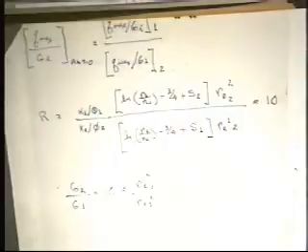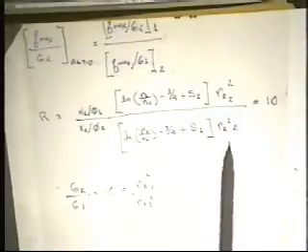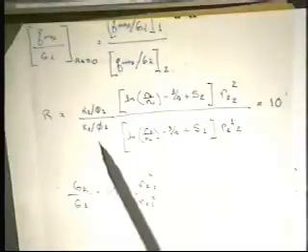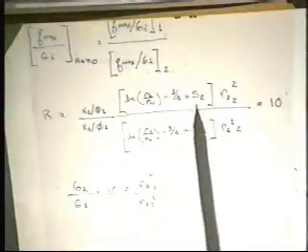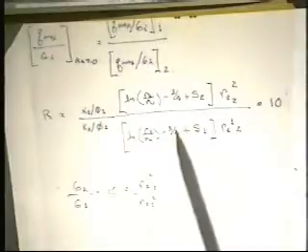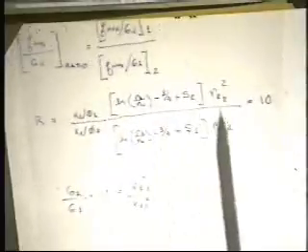A second part of the problem would be, let's assume the radii are equal, the K's are equal, and the porosities are equal. What values of skins do I have to have on each layer to get a ratio of 10?